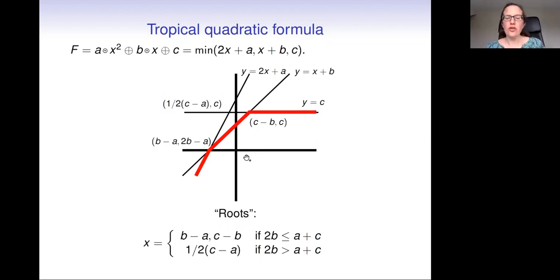So I want you to notice 2 things here. The first is 2b, that's tropically b squared. And a plus c, that's the usual arithmetic way of saying the tropical a times c. So which case we're in depends on the relative size of tropical b squared and ac. This should not surprise you, right?